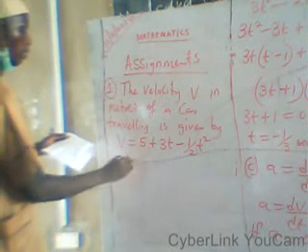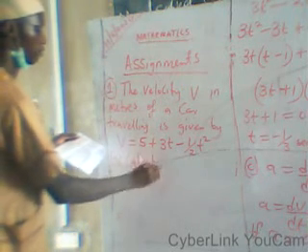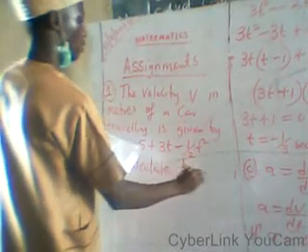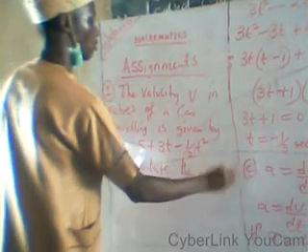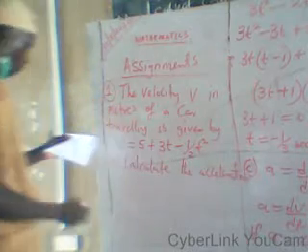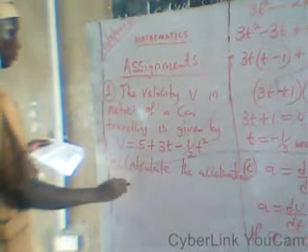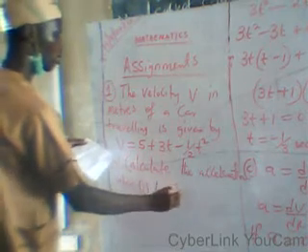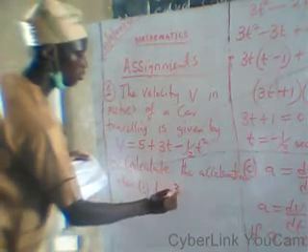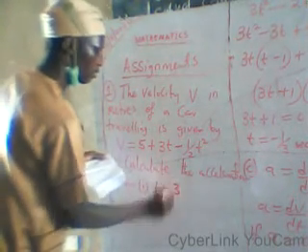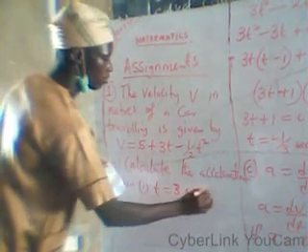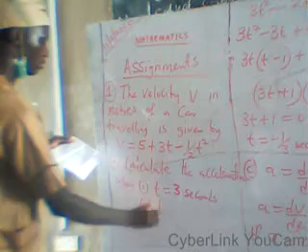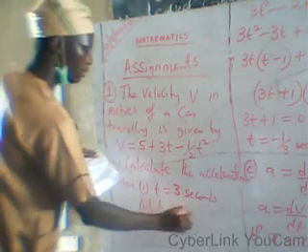A, calculate the acceleration when 1, t is equal to 3 seconds. Let me write the seconds in words so that I do not take it as 35. 3 seconds. 2, t is equal to 5 seconds.